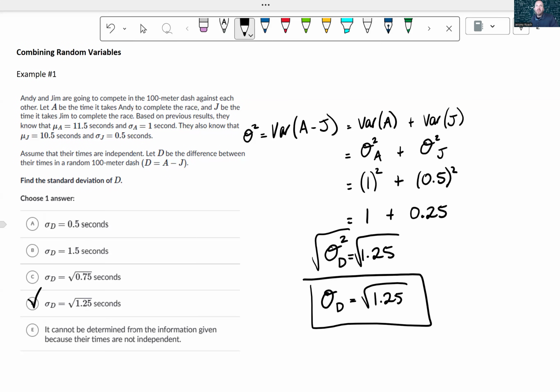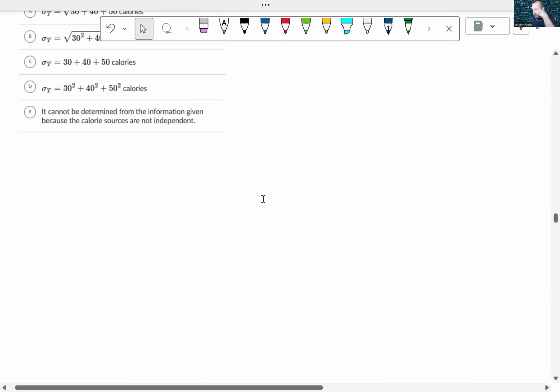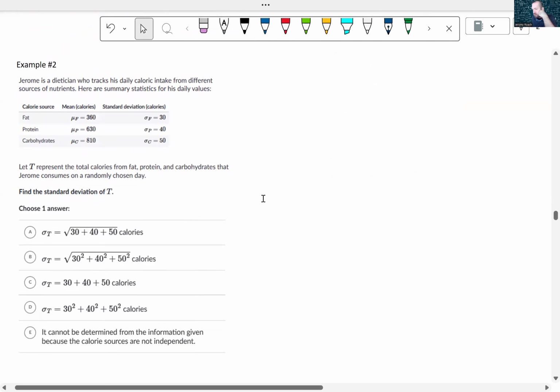All right. Let's look at one more of these. This next example, I think, is very interesting because it gives us a lot of table data, and then it shows us these different equations that we could do with the variance.